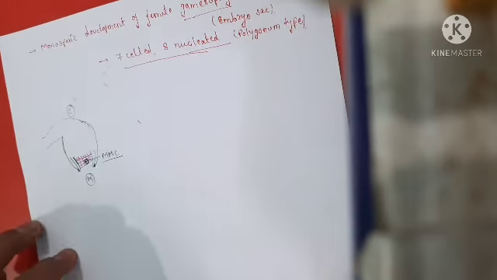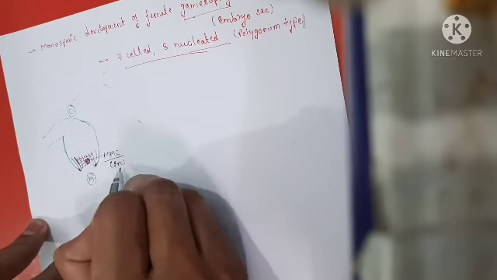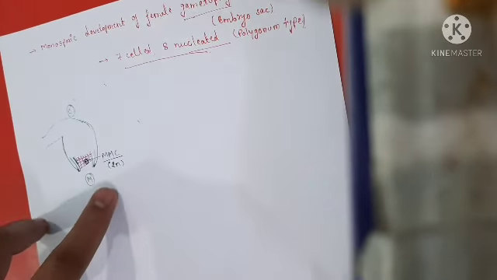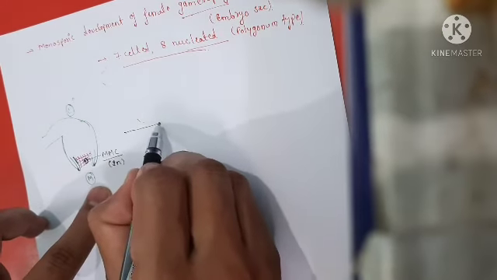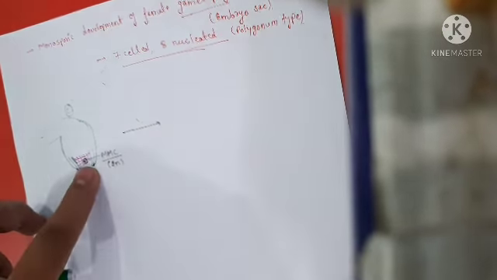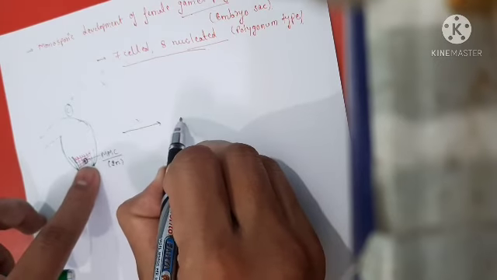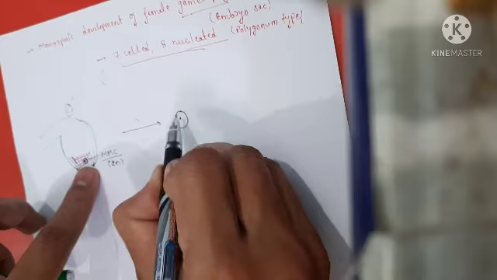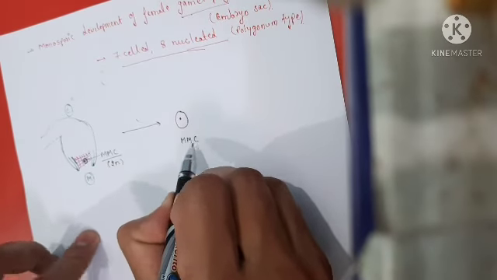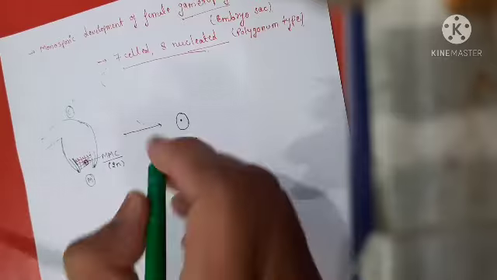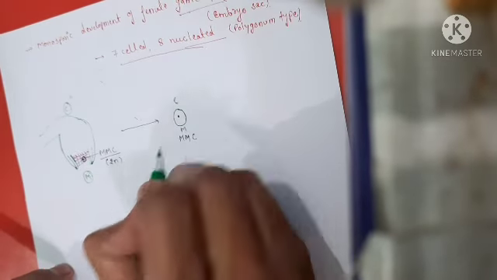It is 2n, that means it is diploid. You can draw the megaspore mother cell here, where here it is the chalazal end and here it is the micropylar end.